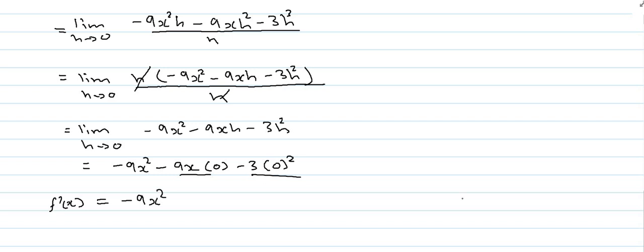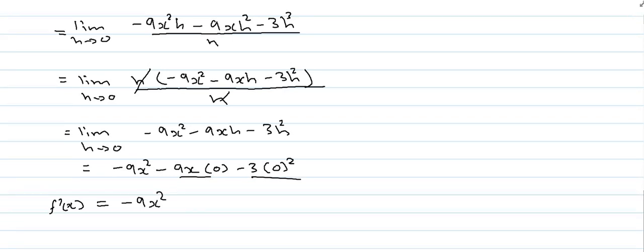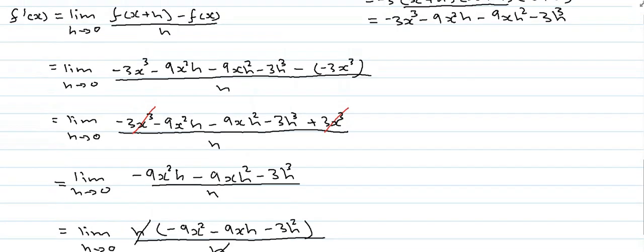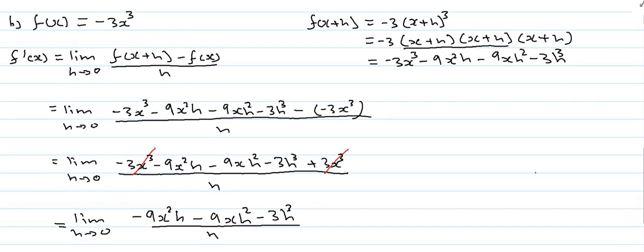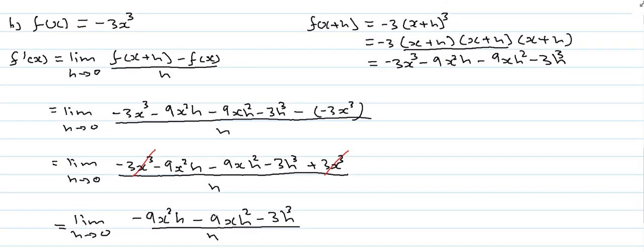So let's do a quick recap. We are given f of x, which equals negative 3x cubed. Then they said find f prime of x using the first principle.